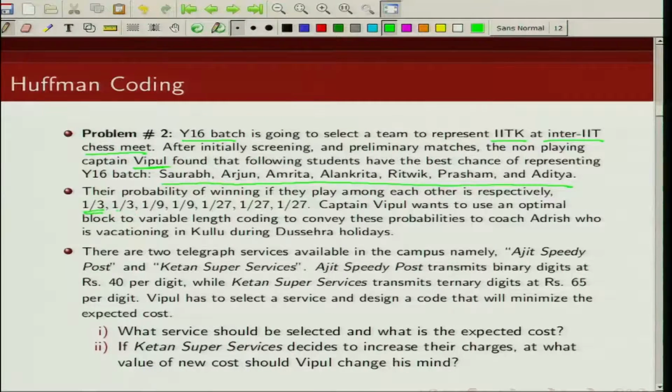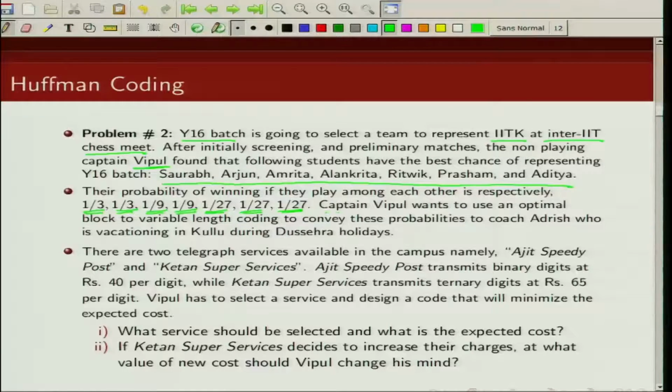the corresponding probabilities of their winning against each other. So Saurabh won 1/3 of his matches, Arjun won 1/3 of his matches, Amrita won 1/9 of her matches. These are the probabilities of their winning when they played against each other.